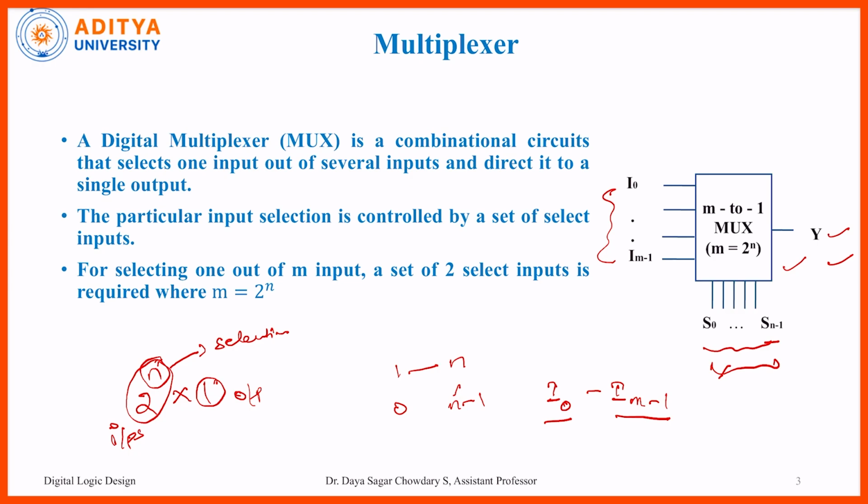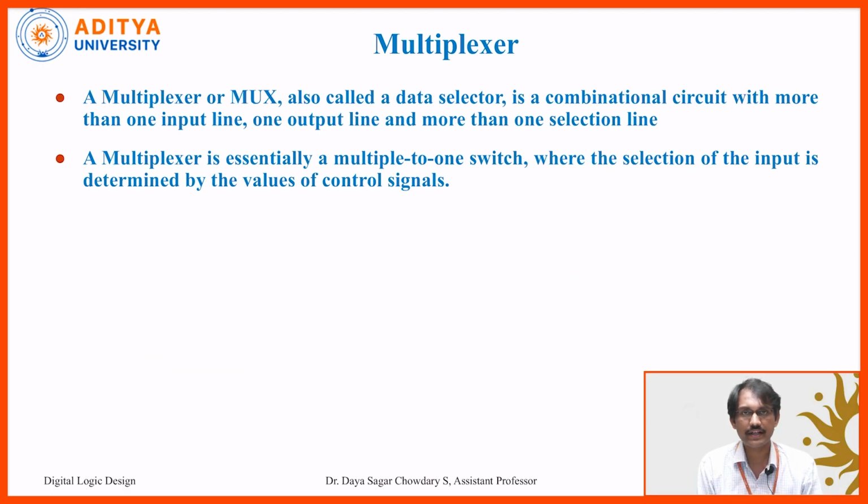This is the block diagram for the multiplexer. A multiplexer, or simply a MUX, is also called a data selector because we can select the input data and give it to the output, depending on the selection lines only. It is a combinational circuit with more than one input line, one output line and more than one selection line.